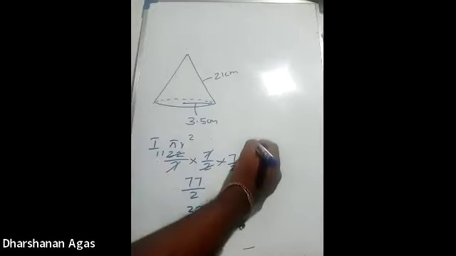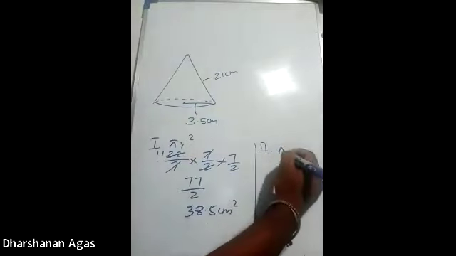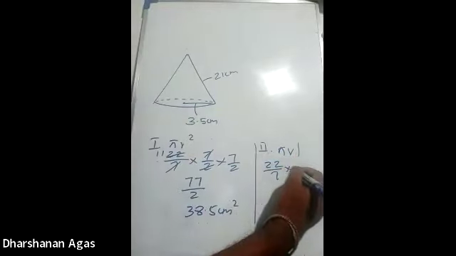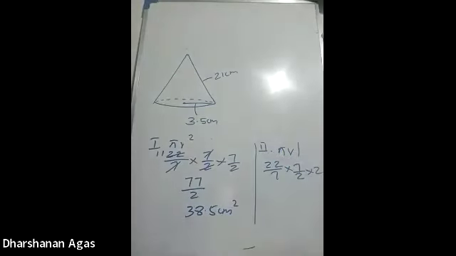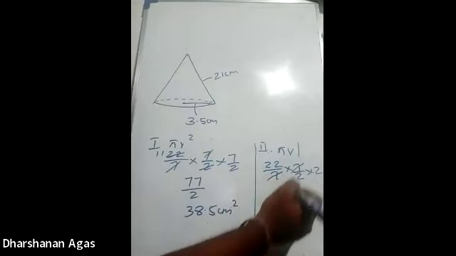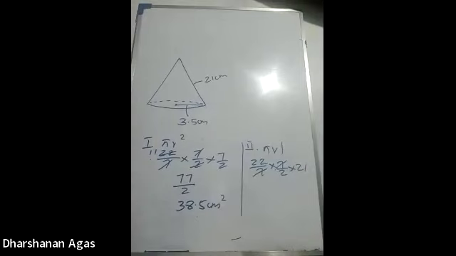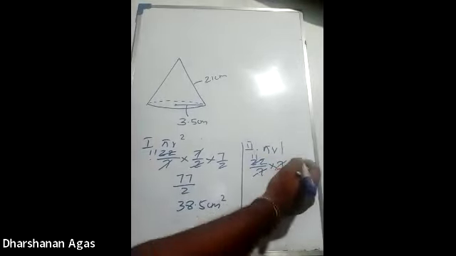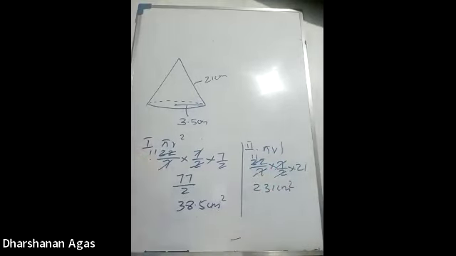Then the second question, curved surface is pi r l, pi is 22 over 7, radius 7 over 2, l is 21. Cut the 7 and 7. 22 divided by 2 is 11, 11 into 21 is 231 square centimeter.